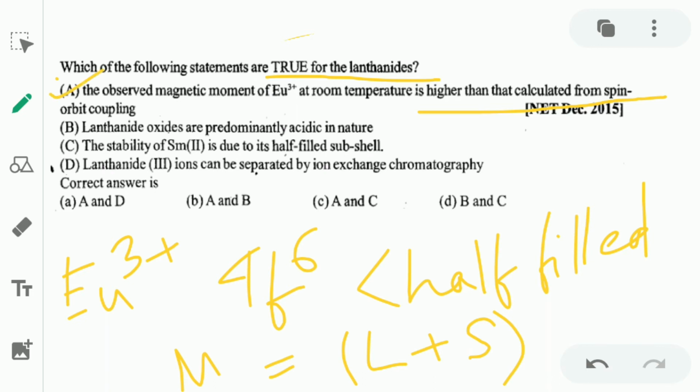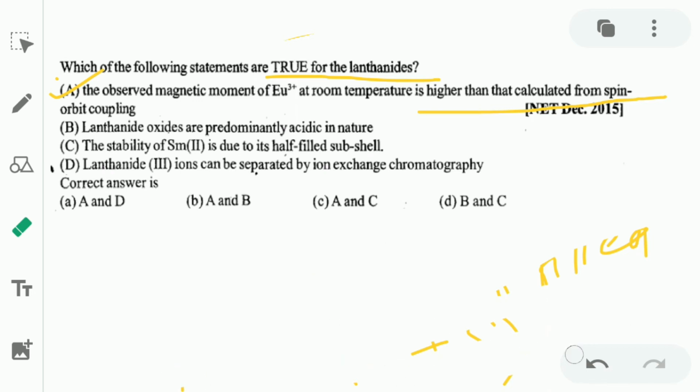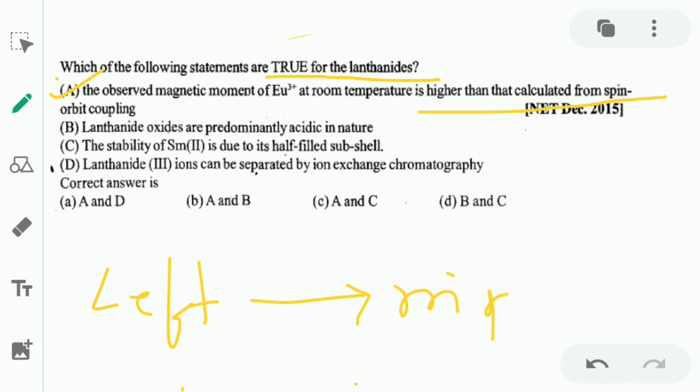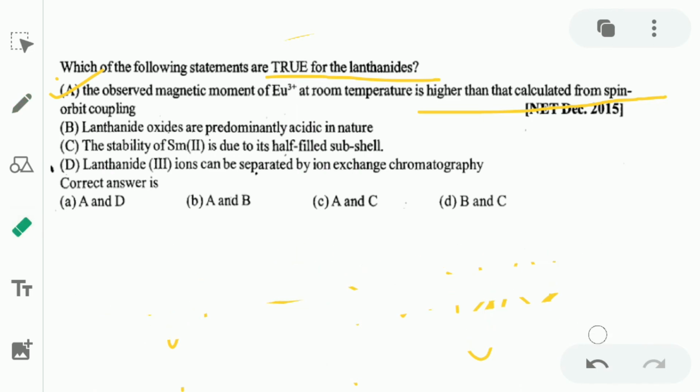Next statement is lanthanide oxides are predominantly acidic in nature. As we all know, if we go left to right in the periodic table, acidity increases and basicity decreases.